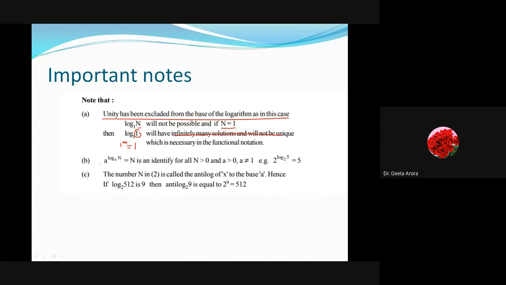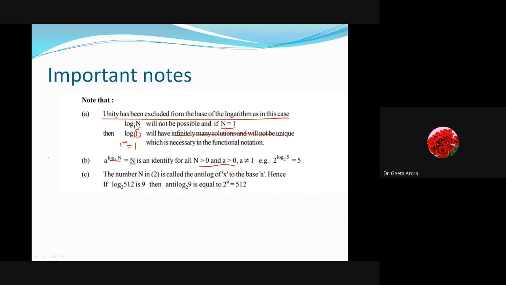If we talk about the next one, a raised to power log n with base a is equal to n, an identity for all n greater than 0 and a greater than 0 with a not equal to 1. It means we take log n with base a as a power of a, and it leads me to the value of n.